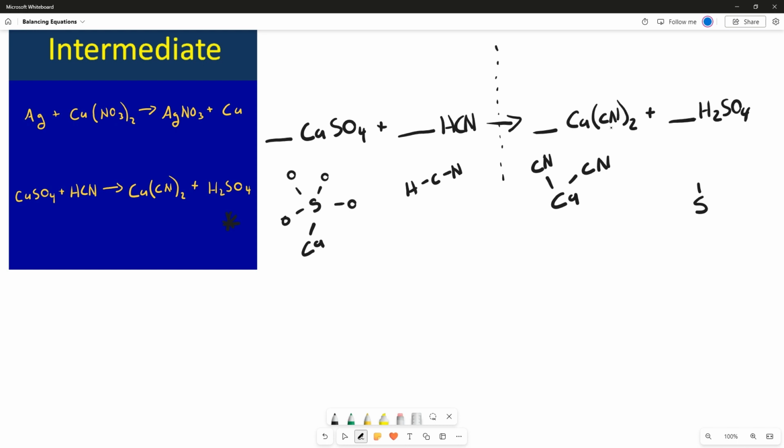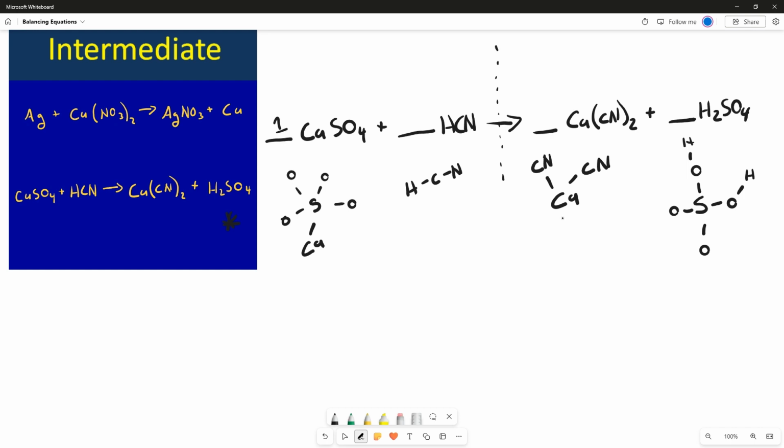SO, and then there's 2 hydrogens coming off. Okay, so let's start off by taking a look at the copper. We have 1 copper on the left-hand side, and we have 1 copper on the right-hand side.